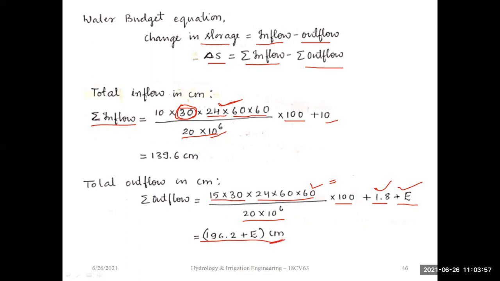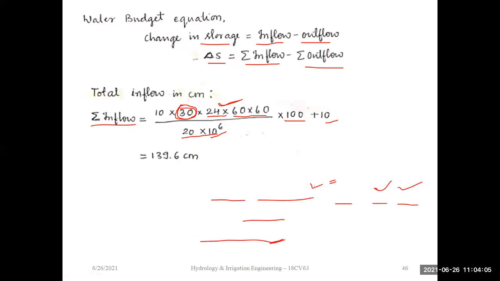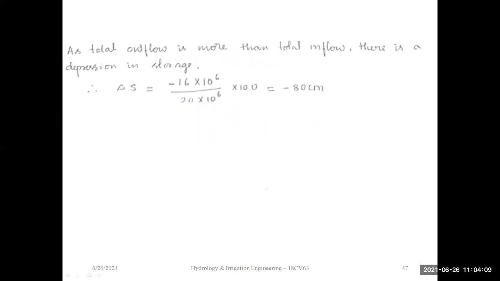Okay, and storage they have already given. If you see the question, storage is given in terms of million meter cube, so let us convert that storage to centimeter. Here the total outflow is more than the total inflow.